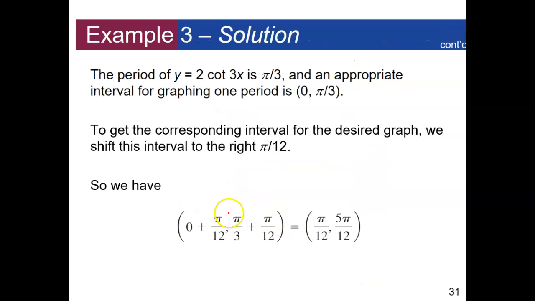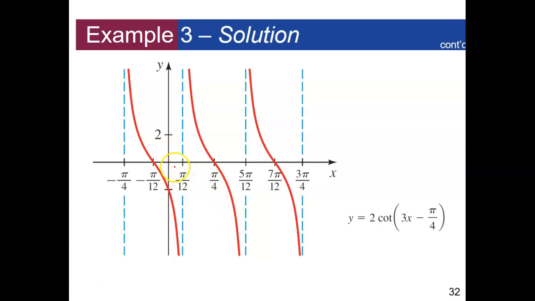So looking back at all that, because we have this moving it to the right pi over 12, we're going to add those, and you can see that our interval that we're looking at here is from pi over 12 to 5 pi over 12. Okay, so we get this interval here that we're looking at, and then it just repeats after that.